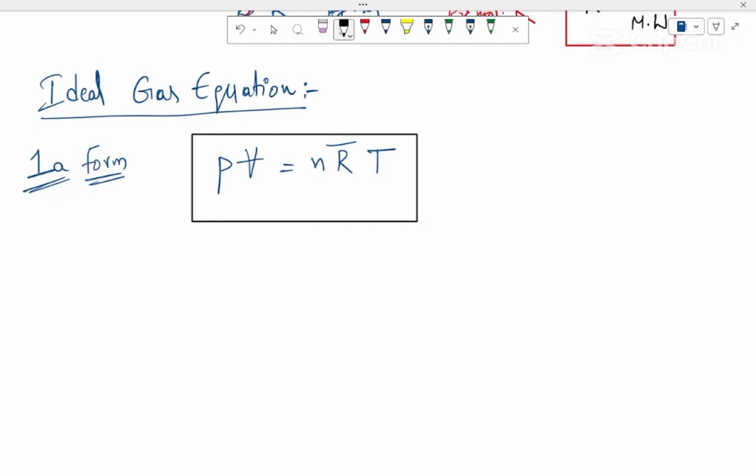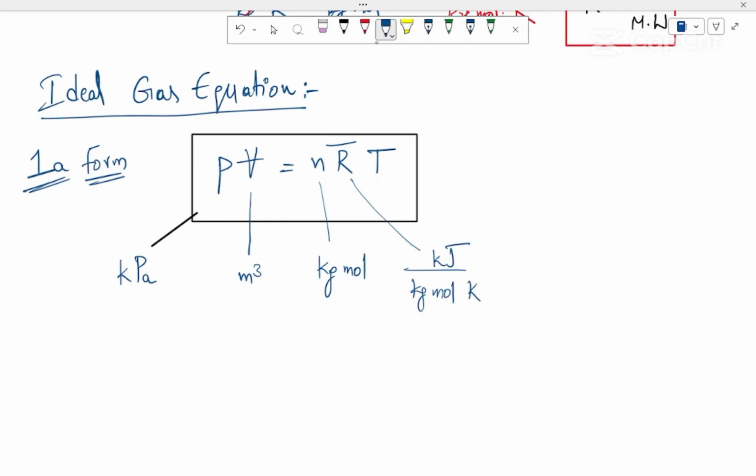Here, P will have a unit of kilopascal, the volume will have a unit of meter cube, N will have a unit of kg mole, R bar will have a unit of kilojoule per kg mole Kelvin, and T will have a unit of Kelvin.